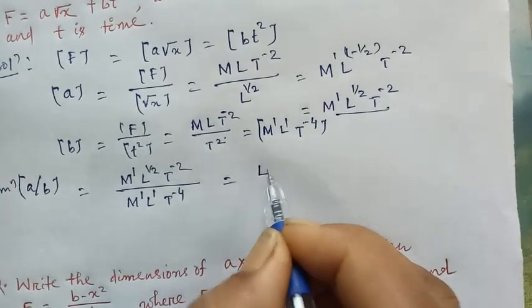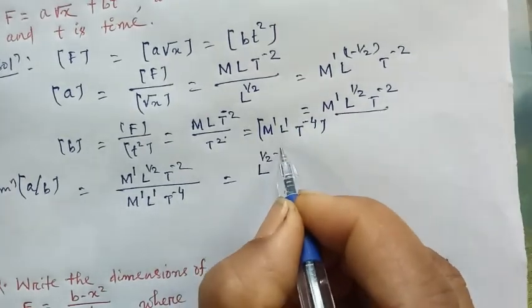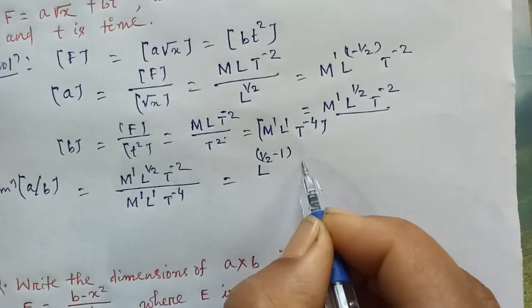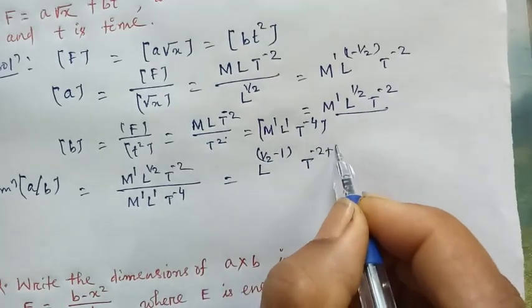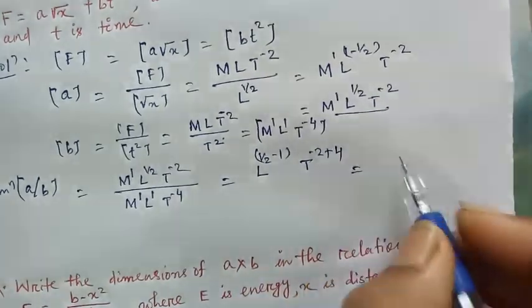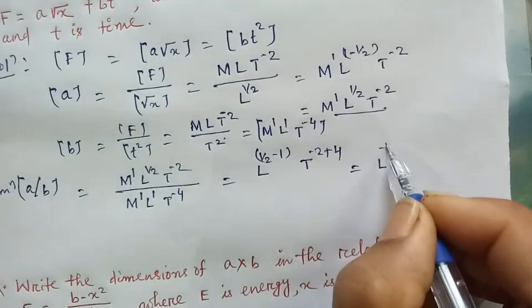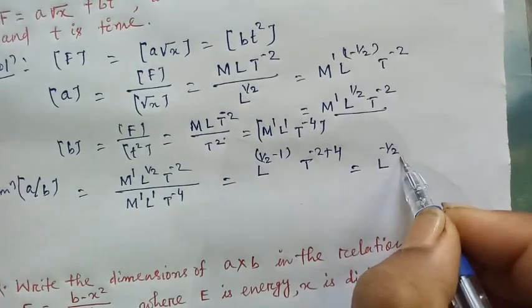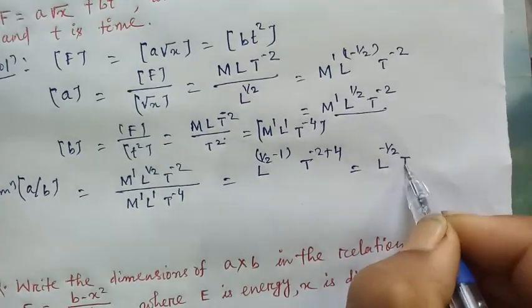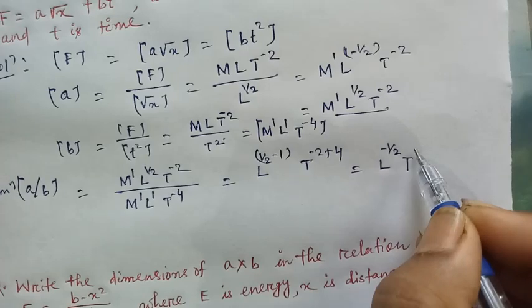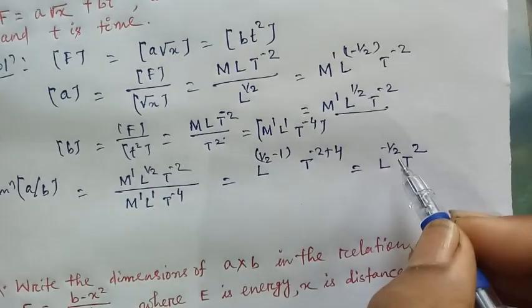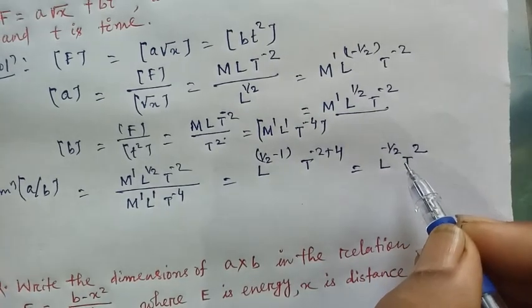So L to the power (1/2 - 1) and T to the power (-2 + 4), that is equal to L^(-1/2) T^2. Okay.